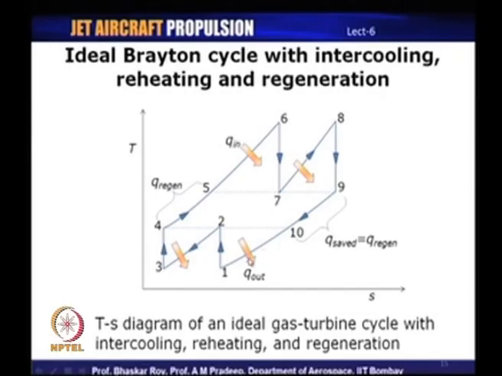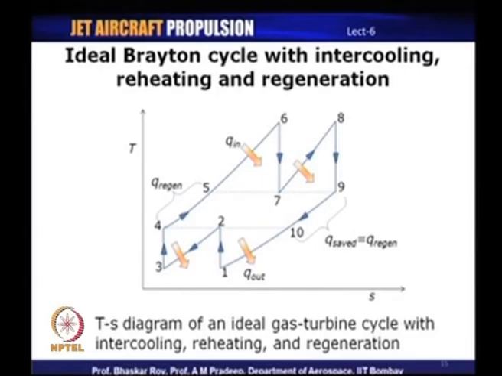And what about heat rejection? Heat rejection between states 10 and 1, that is Q out, as well as heat rejection during the intercooling process between state 2 and state 3, that is H2 minus H3. So, heat rejected would be H10 minus H1 plus H2 minus H3, and heat added would be H6 minus H5 plus H8 minus H7.